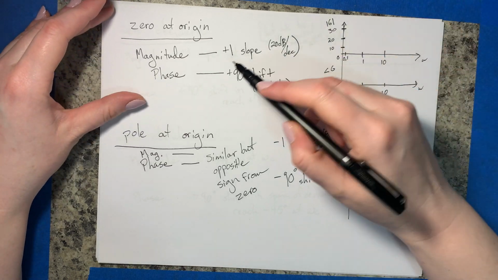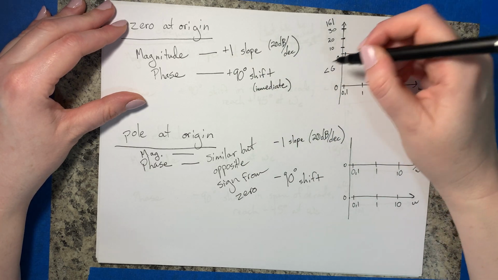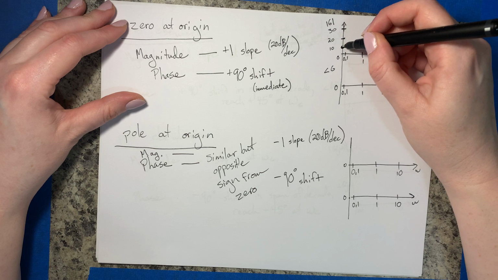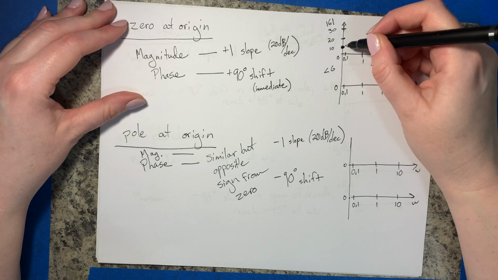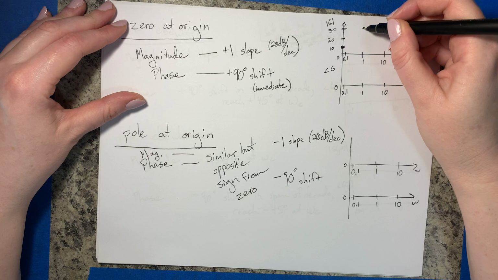Let's say we started out at 10 dB, which is where our constant had us originating. We would increase up to 30 over this decade.